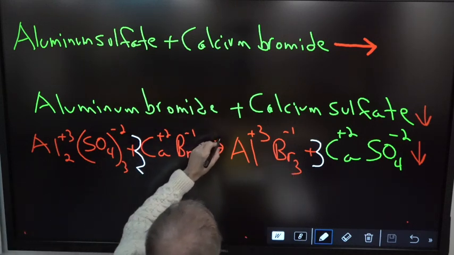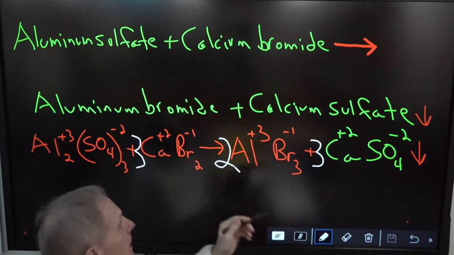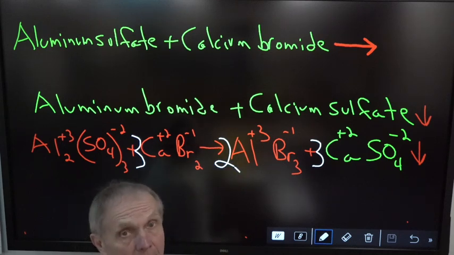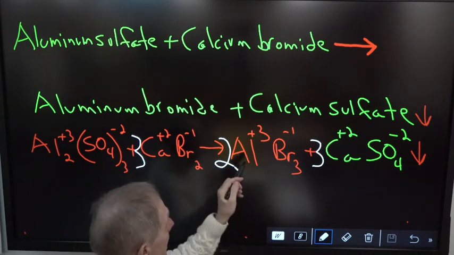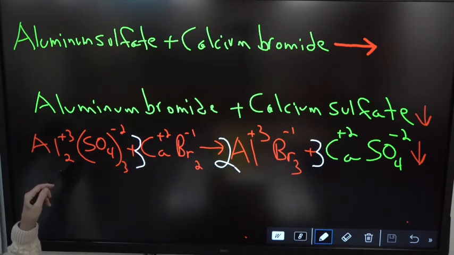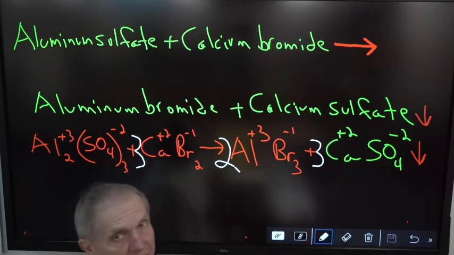So if we put a 2 in front of the aluminum, the 2 blows through everything. So it'll be 2 times 3. We have 6 bromines and we have 2 aluminums. But watch, our 2 aluminums, we come back over here and oh look, we have 2 aluminums right there. So this equation is balanced.